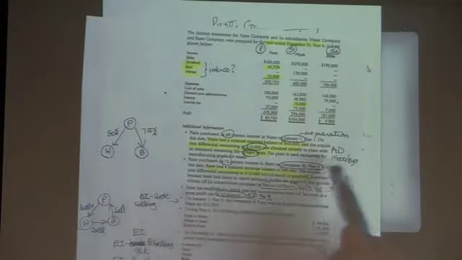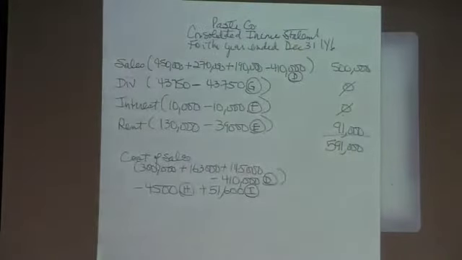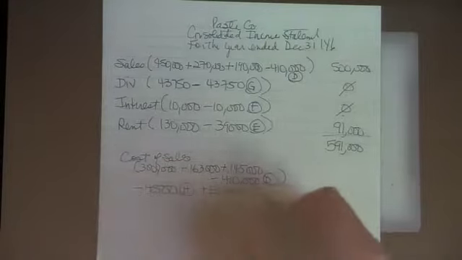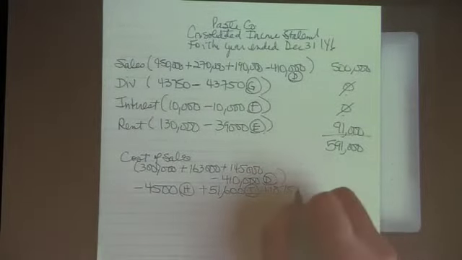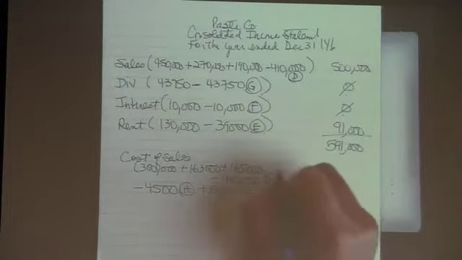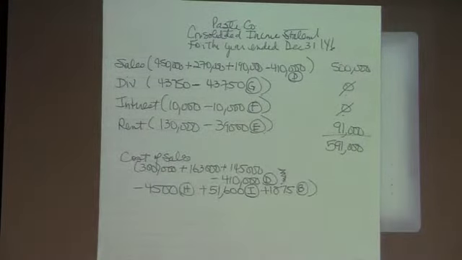Yeah, the plant is used exclusively for manufacturing of goods. So in that case, we're going to add the 1875. And let's label that B. Okay?